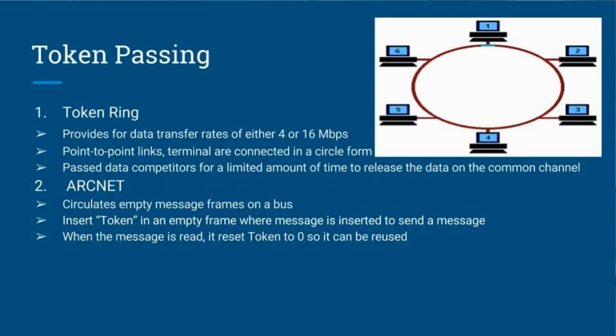It is a collection of individual point-to-point links connecting each terminal in the form of a ring. The token is passed among the nodes for a limited amount of time to release the data on a common channel.